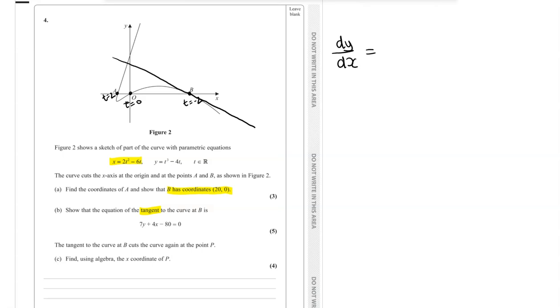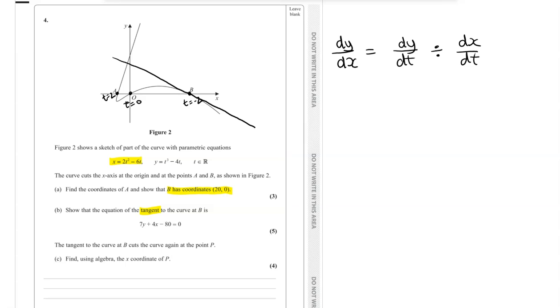Rather than find the Cartesian and then differentiate with respect to x, I'm going to do dy by dt, and then divide that by dx by dt. Differentiating x and y there shouldn't be too much of a challenge, and then I can get what dy by dx is.